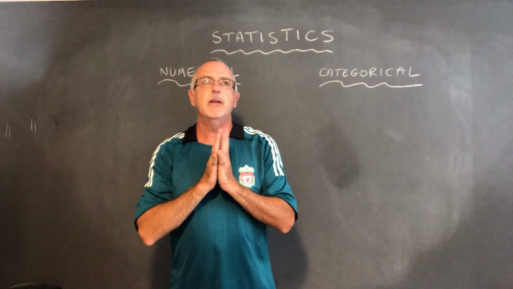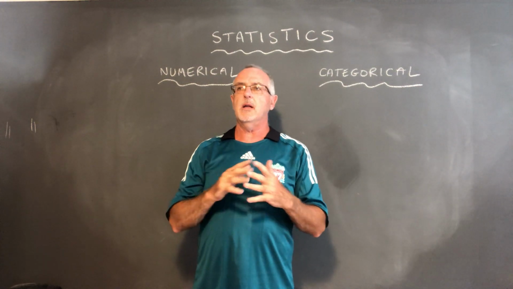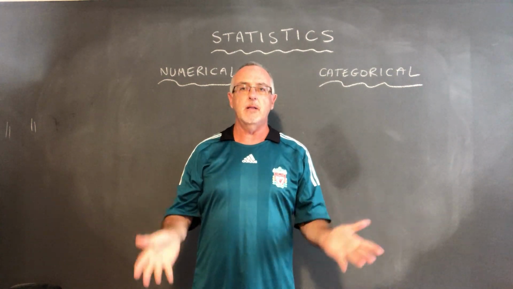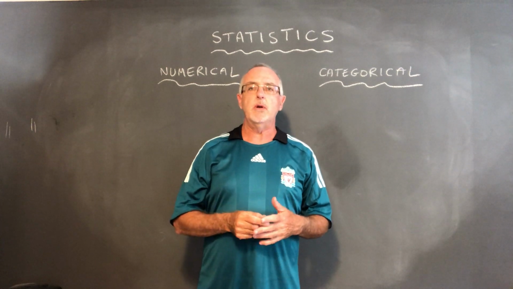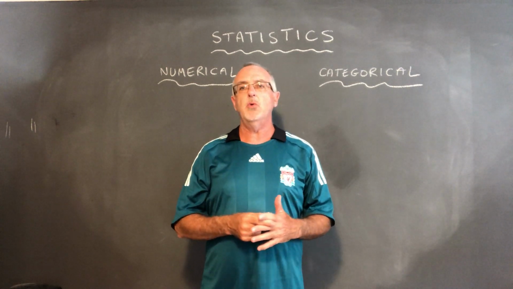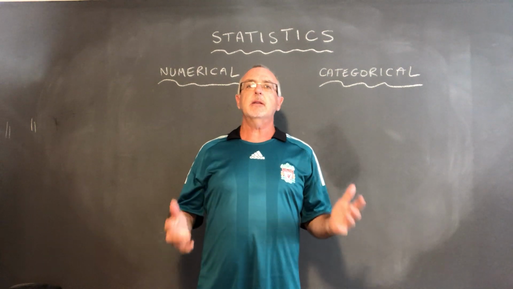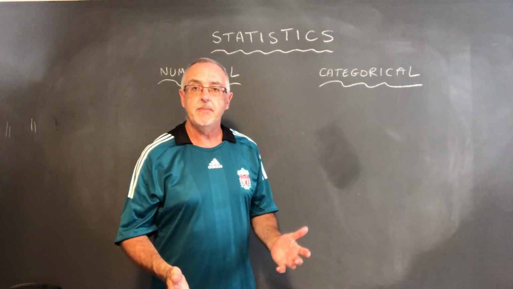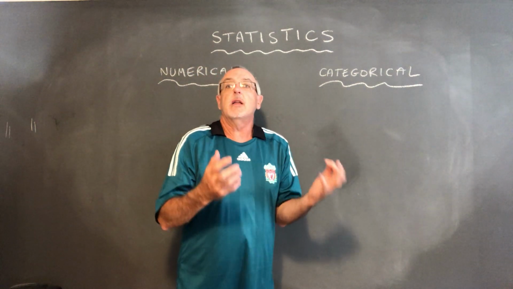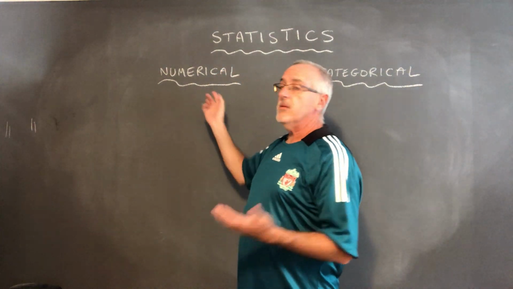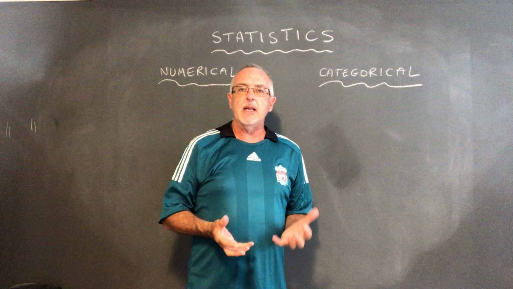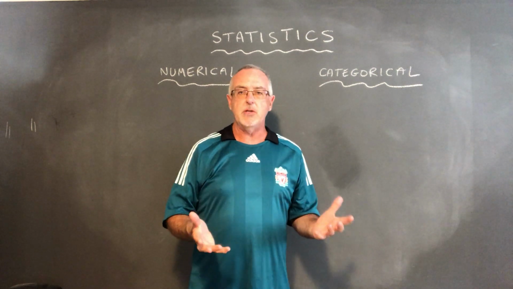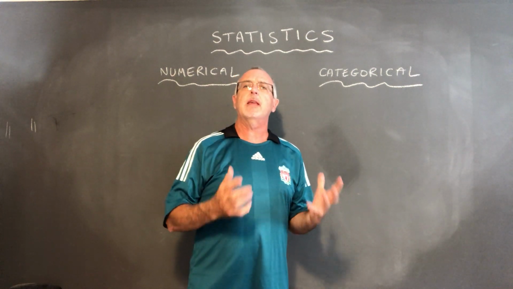Examples of data. I can ask a lot of people their favorite color. And some of the answers will be red and blue and green and red and red and blue and green. And this is an example of categorical data. Because it's not numbers, it's not numerical. When you have numbers, you can do interesting things with numbers, like finding the average of a bunch of numbers, but you can't really do that with categorical data.